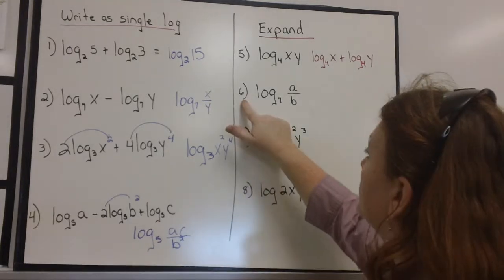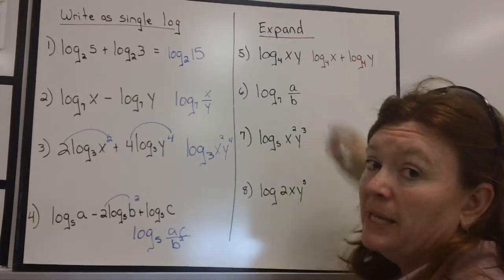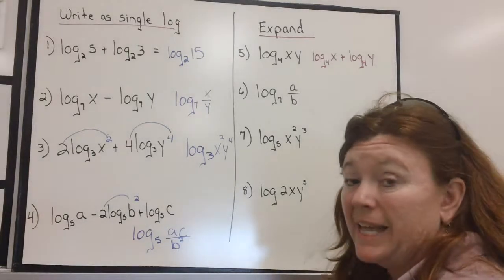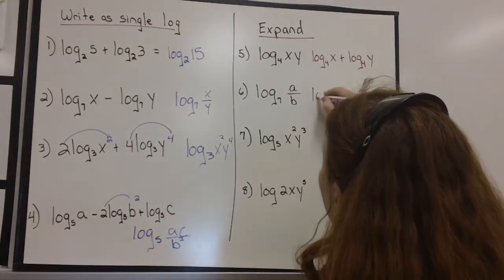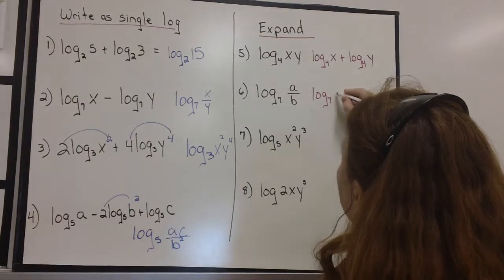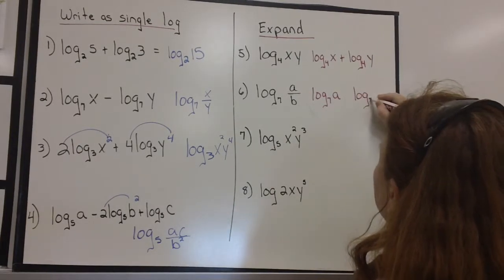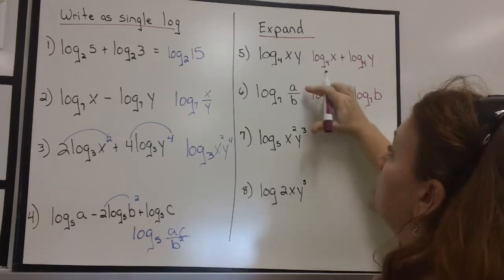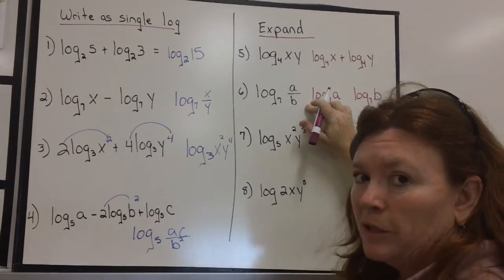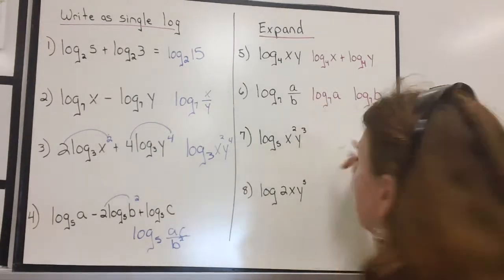Number 6, I have an a and a b, so I'm going to have two logs again. One is going to be a log base 7 of A, and one is going to be a log base 7 of B. Since I was dividing, what do I do to the logs? Subtract.